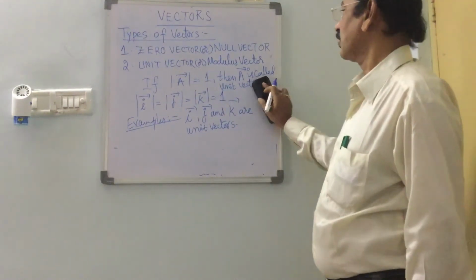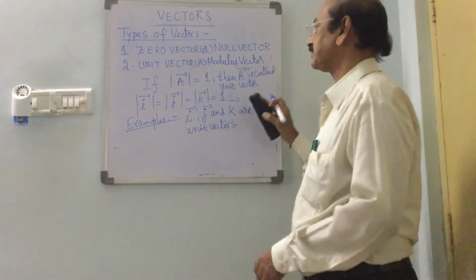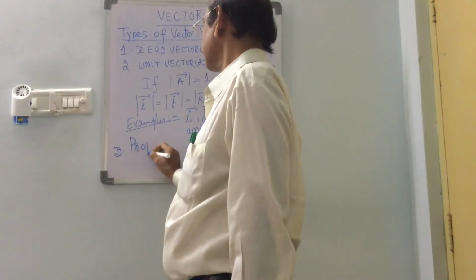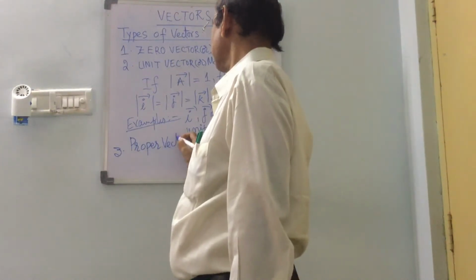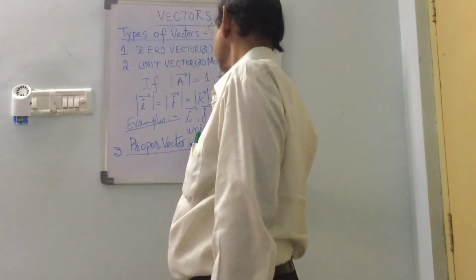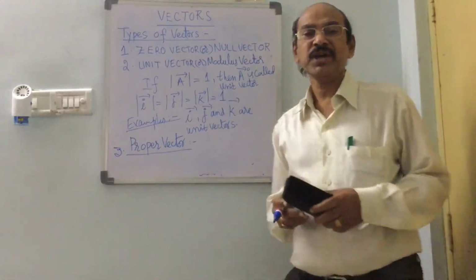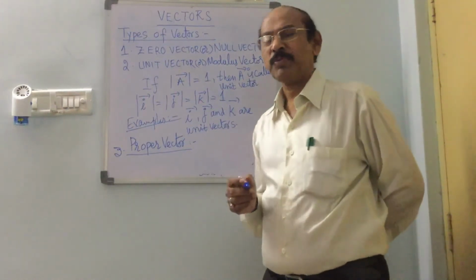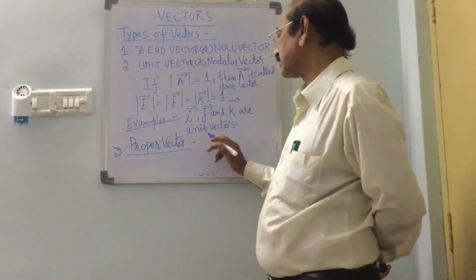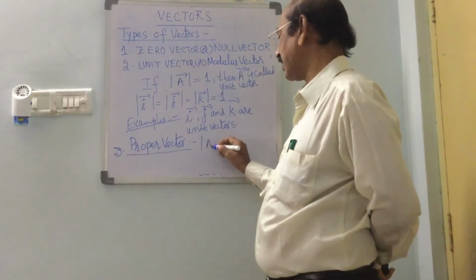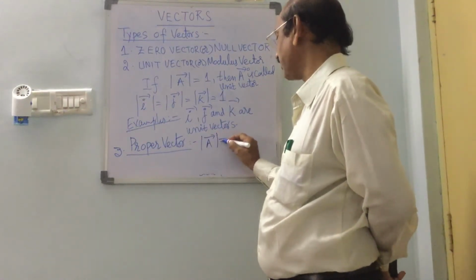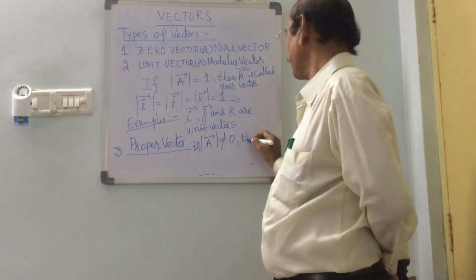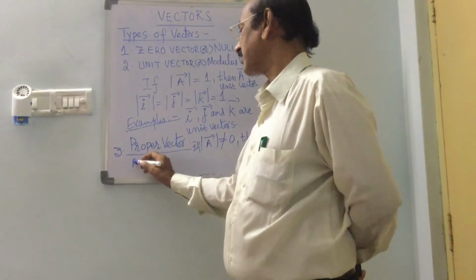Now we shall know what is meant by proper vector. If the magnitude of the vector is not equal to 0, then it is known as proper vector.